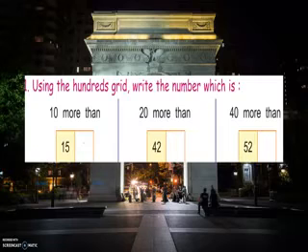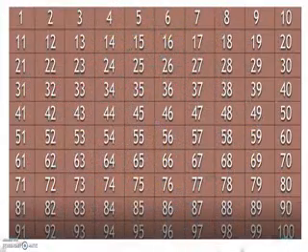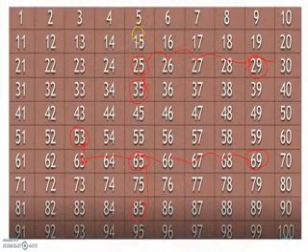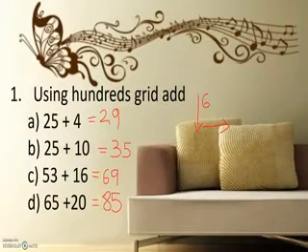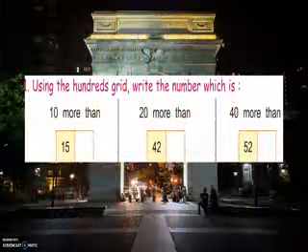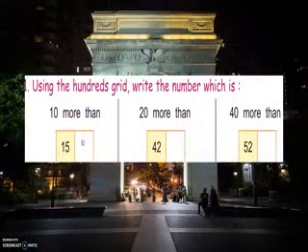Let's see how we can do. 15 plus 10. 10 is 1 ten. So you have to move 1 time down. So our answer is 25. 10 more than 15 is 25.